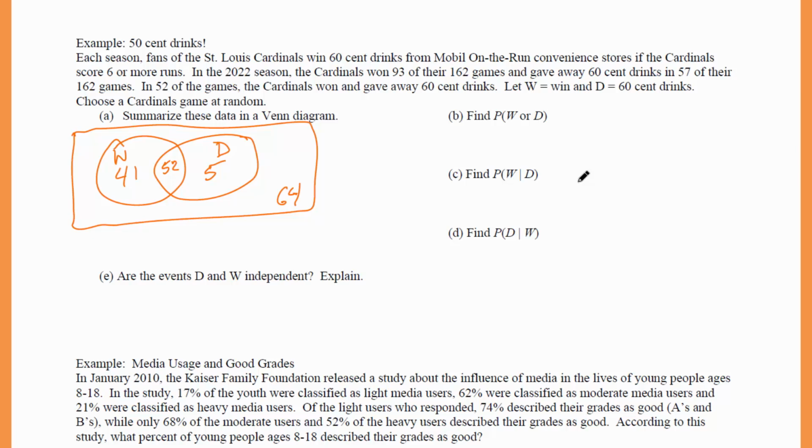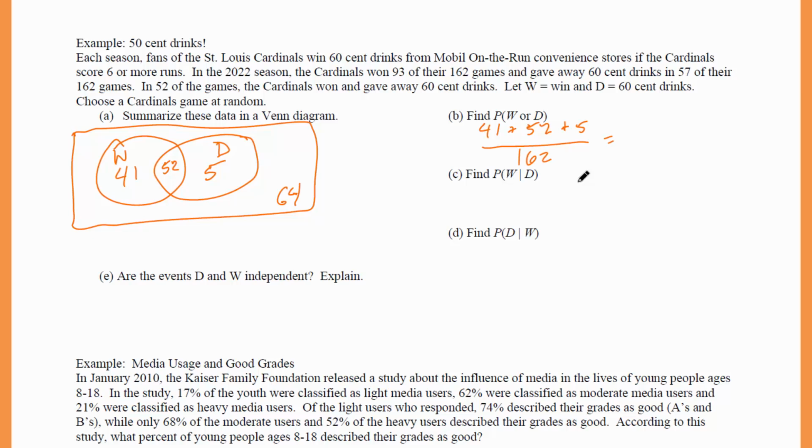Okay, now that we've got the Venn diagram, we should be able to answer these questions. So part B, find the probability of W or D. Remember, W or D would mean W happening or D happening or both. So one way to do this is add up 41 plus 52 plus 5, the three middle numbers of the Venn diagram, and divide it by the total, which is 162.